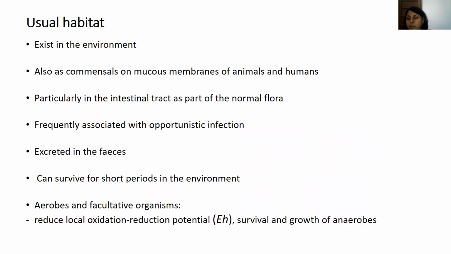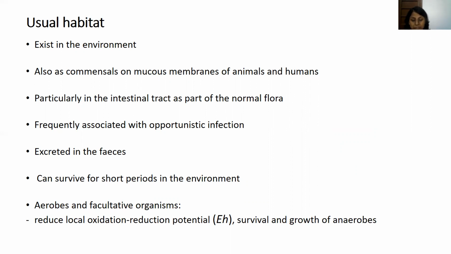These anaerobic bacteria generally exist in the environment and are commensal on the mucous membranes of animals and humans. Particularly, they reside in the intestinal tract as normal flora, and are frequently associated with opportunistic infections. They get excreted in the feces and can survive in the environment for a short period.